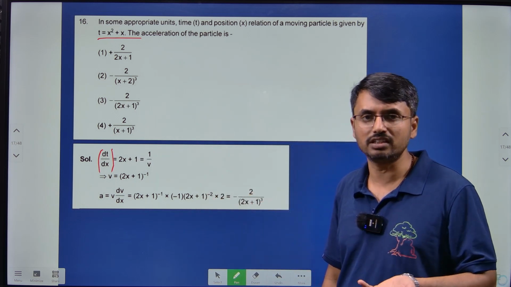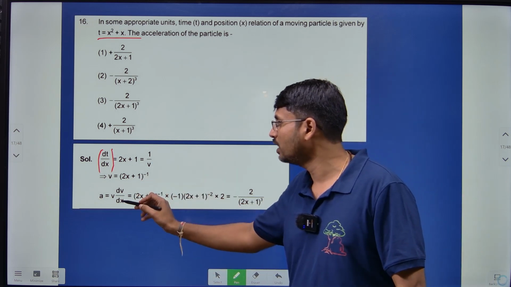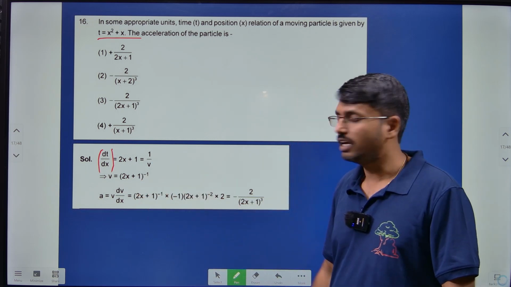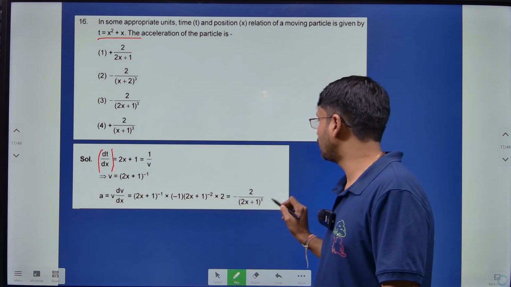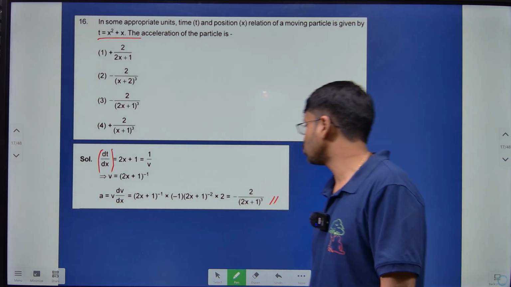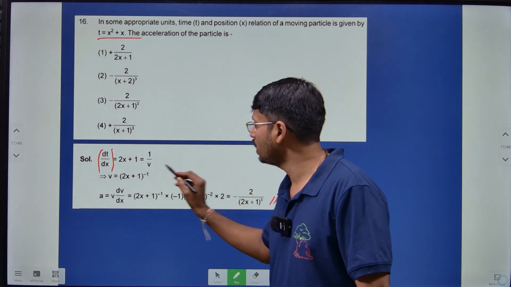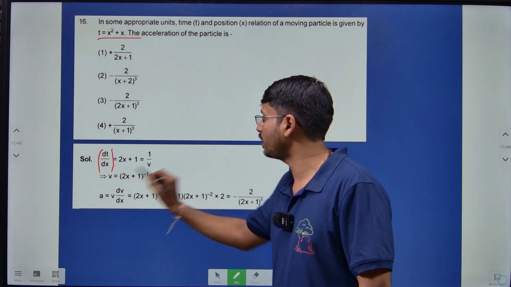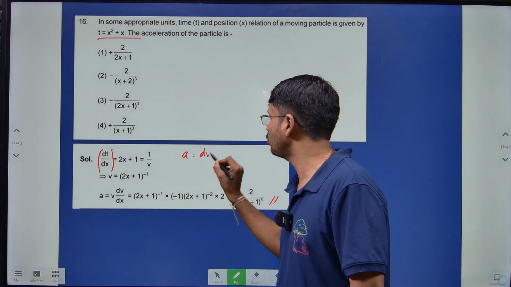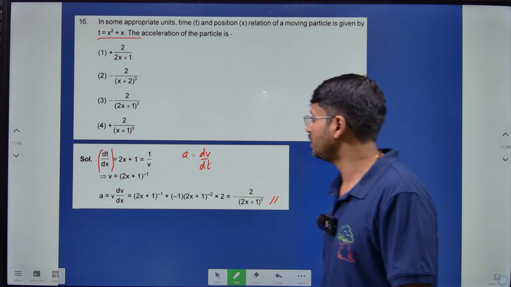Then differentiate that v with respect to x again. If you simplify that, you will get minus 2 by (2x plus 1) cube. Here we have to understand that a is dv by dt.